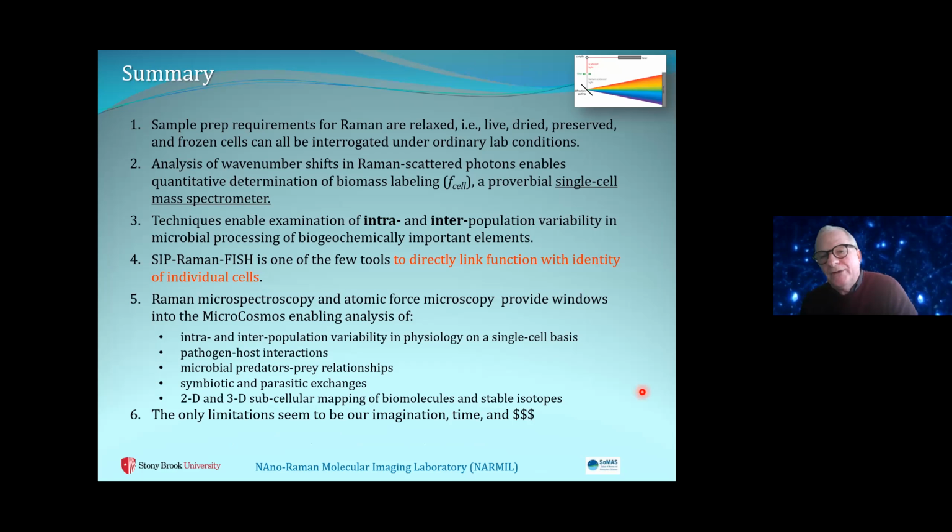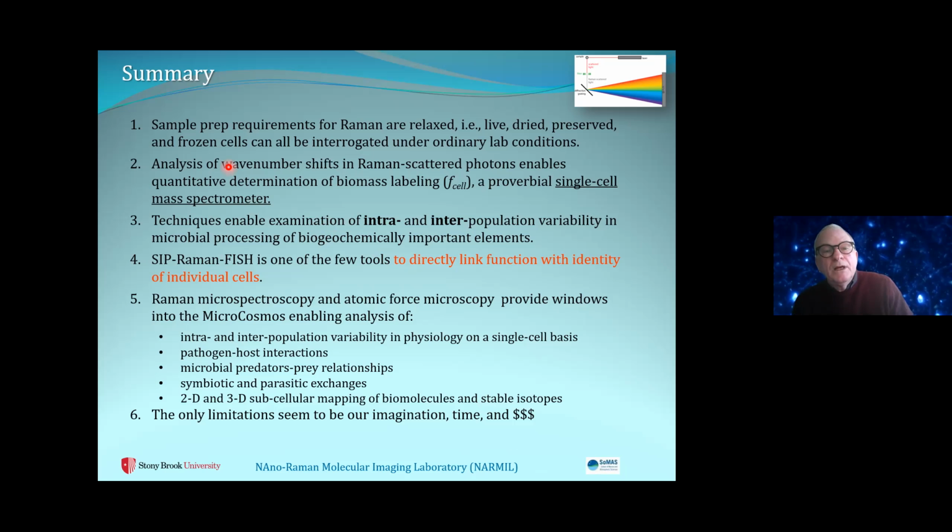We can look at dried cells. We can look at preserved cells. We can look at frozen cells in a block of ice. We have a cryo stage that we can put on the microscope and look at things through ice. And it's ordinary lab conditions. We don't need high vacuum. We don't need sputter coating. We don't need any of that.